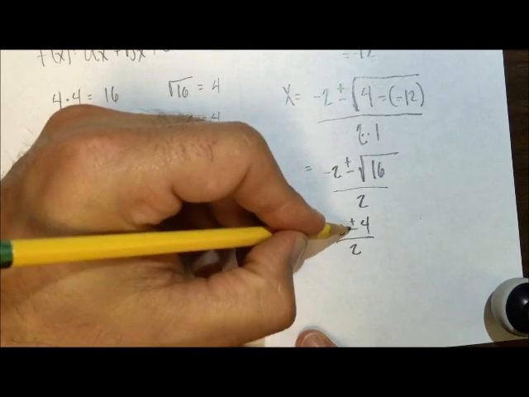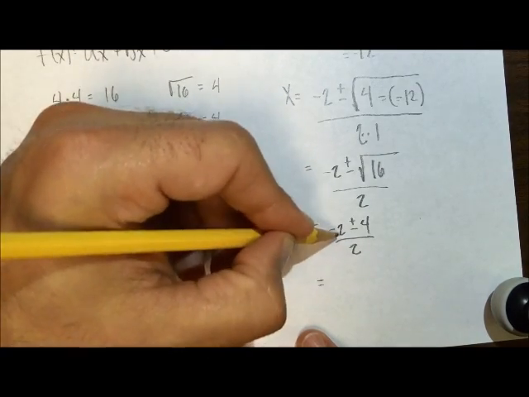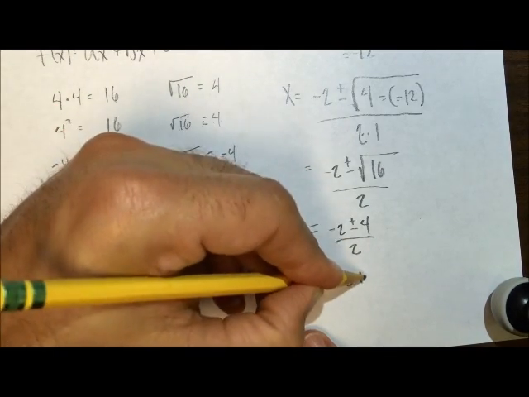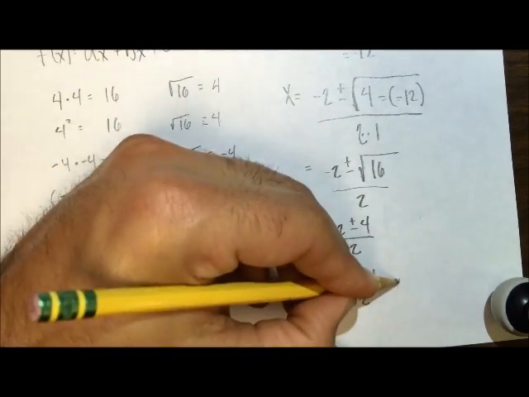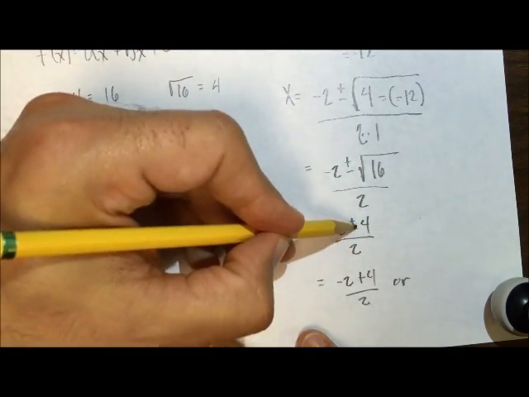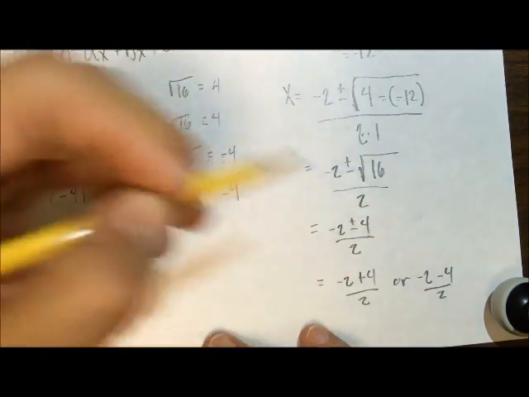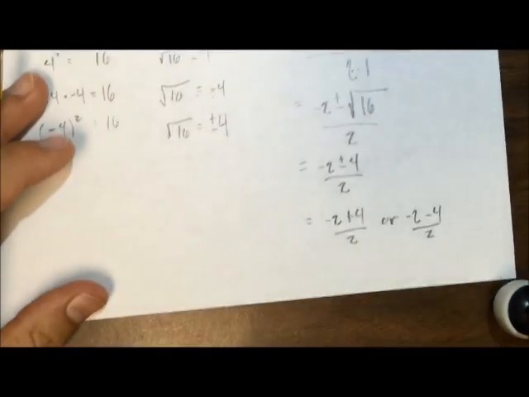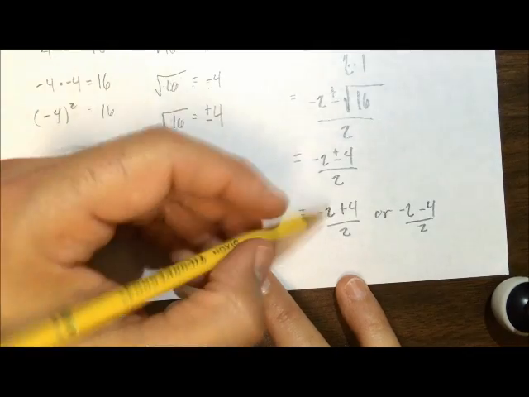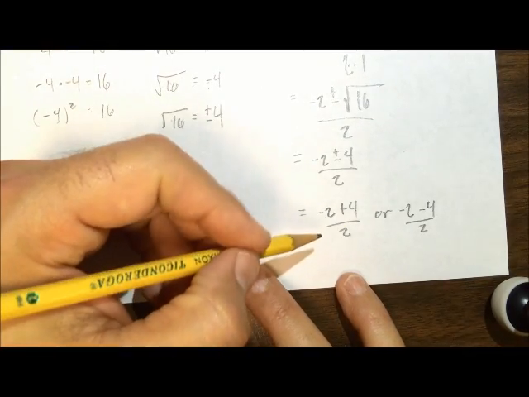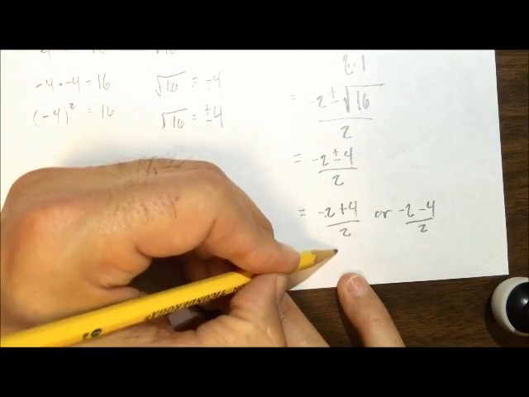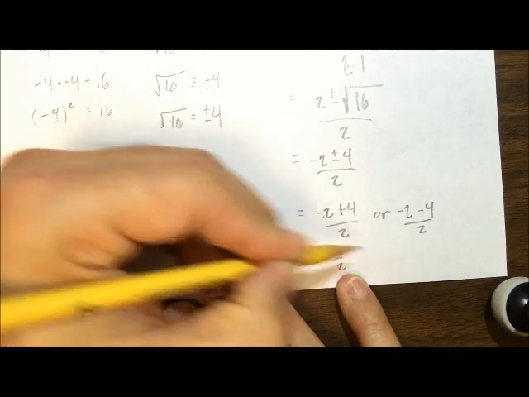And then we're going to split this up at this point. x equals negative 2 plus 4 over 2, or, because there's two possibilities here, negative 2 minus 4 over 2. Negative 2 plus 4 is 2 over 2.